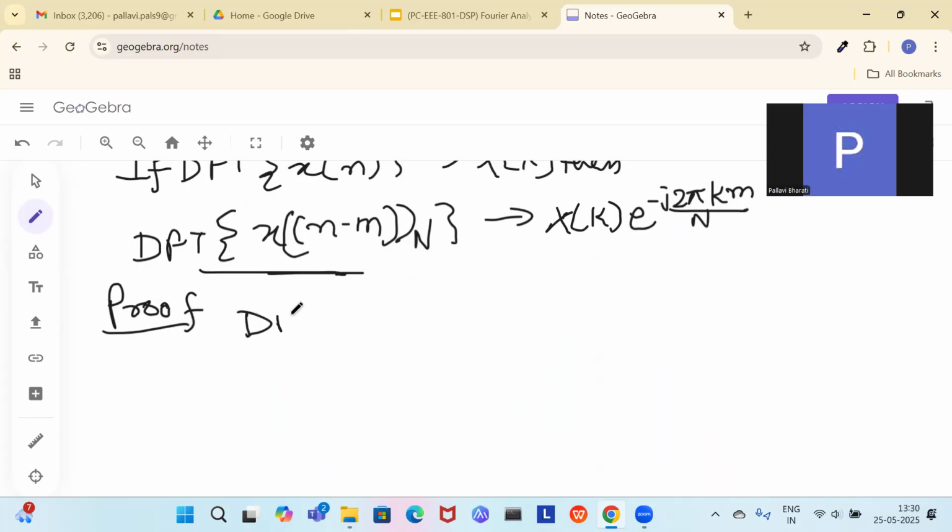So write it here. DFT of x of n minus m, this is small m, means you are shifting it m units modulo N. So write the formula for DFT.